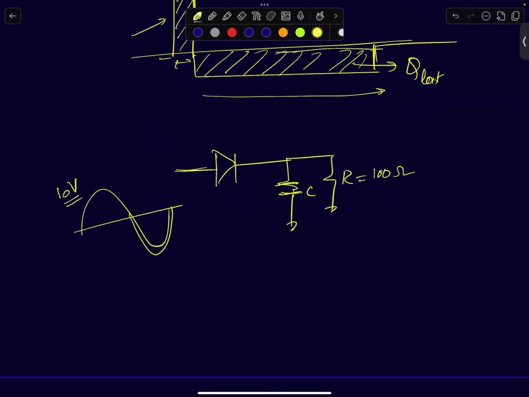They asked to compute the average current that the diode supplies. The average current that the diode supplies should be equal to the average current that the resistor draws, right? Only then will the voltage across the capacitor remain constant.